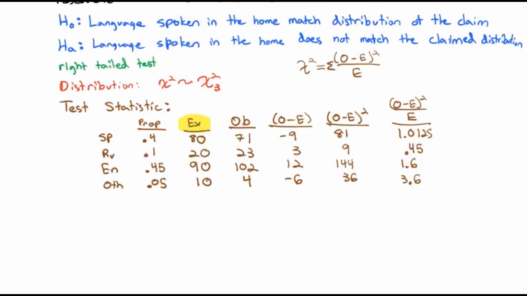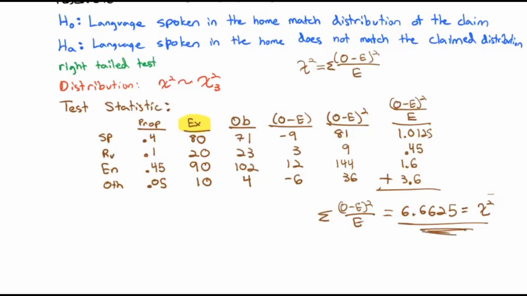Now we're ready to actually find that sum of the observed minus expected squared divided by the expected by adding up that last column. 1.0125 plus 0.45 plus 1.6 plus 3.6 gives us 6.6625. That is our chi-squared test statistic.